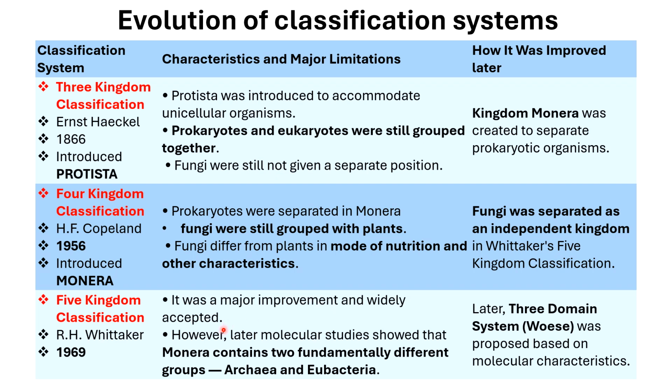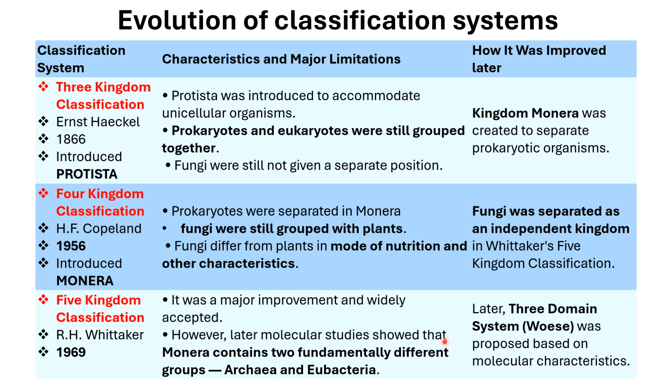Okay. Now further it was seen that in the kingdom Monera, there are two fundamentally different groups of bacteria present, Archaea and Eubacteria. So later there was a limitation which was found. So a three-domain system, which was given by Woese based on the molecular characteristic, classified the bacteria into Archaea and Eubacteria.